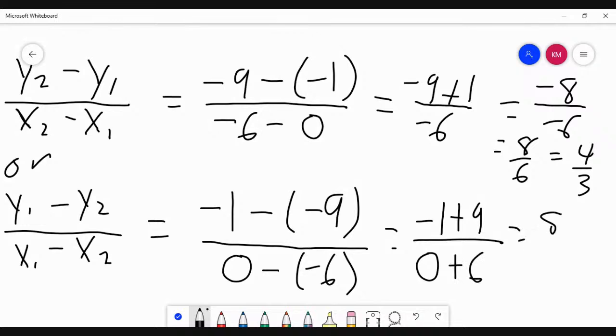And of course, that equals -1 plus 9, that gives me 8. 0 plus 6, that gives me 6. Well, what do you know? We still end up with what? 8 over 6, which when we simplify it again, it is still 4 over 3, or 4/3.